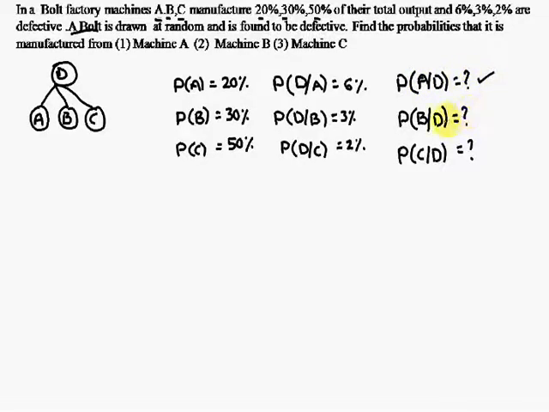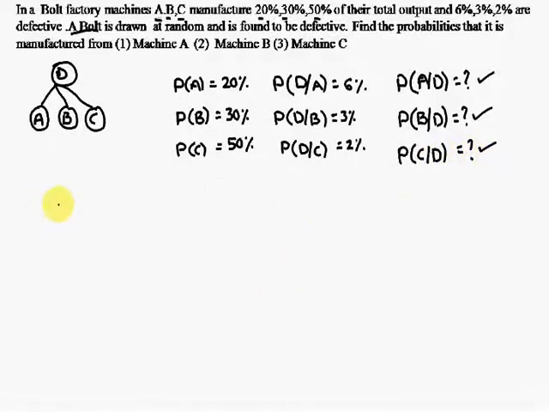Second question: randomly we have chosen a bolt and it is found to be defective. What is the probability that it is from machine B? Third question: randomly I have chosen a bolt and it is found to be defective. What is the probability that it is from machine C?